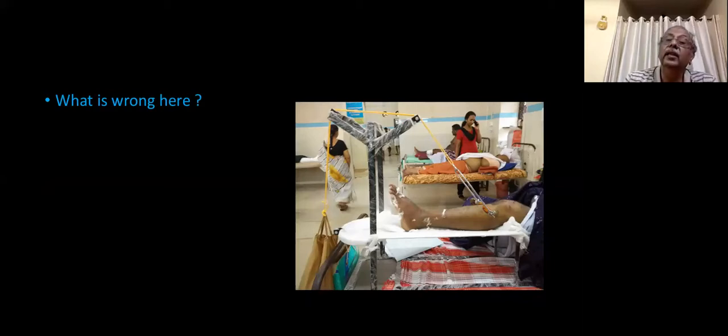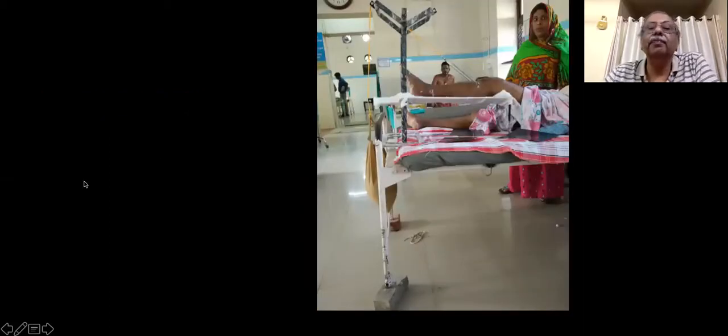The resident had given a traction like this, and the external examiner took the student to this bed and asked what is wrong here. Here, instead of this pulley, the resident has used this pulley.